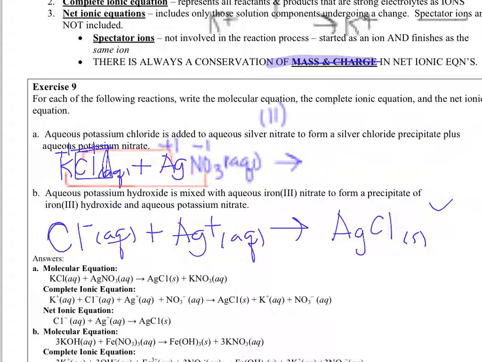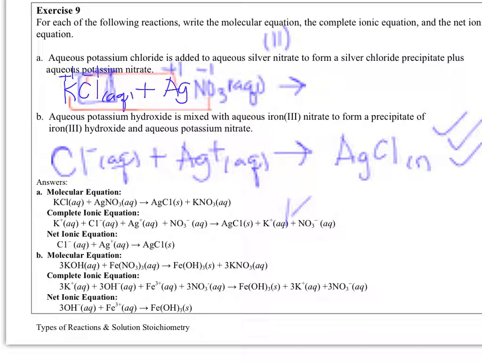So net ionic equations, much simpler, a lot less writing. It includes only those ions that undergo a change in a precipitation reaction. The answer to example B is noted down below. I would recommend that you try example B on your own and then check yourself and see how well you've done.